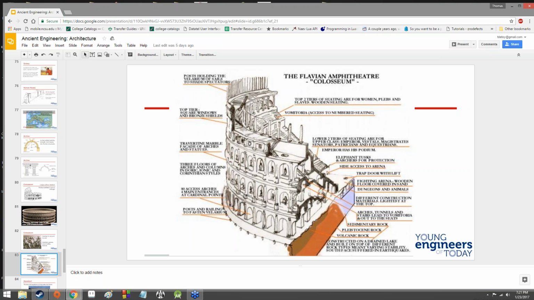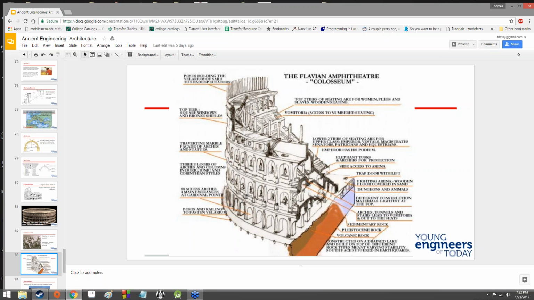The top of the Colosseum is going to have posts holding basically shades and flags and stuff like that. Then the top two tiers are wooden seating. So basically the discount seats, for lack of a better term.